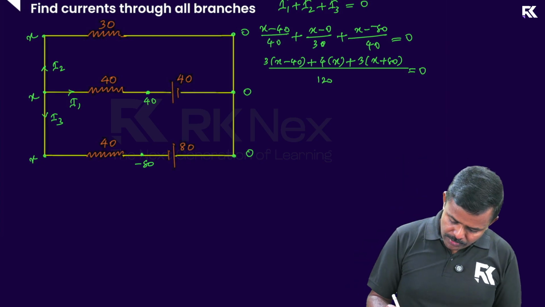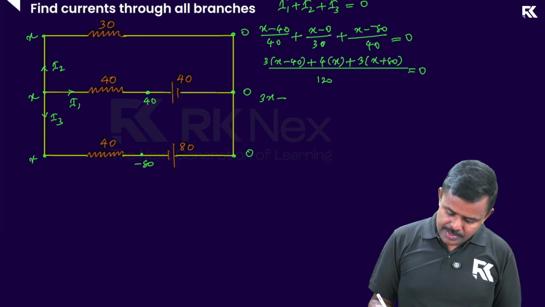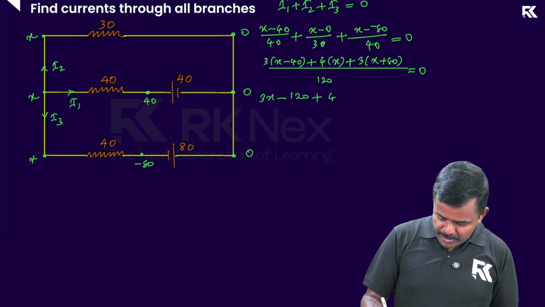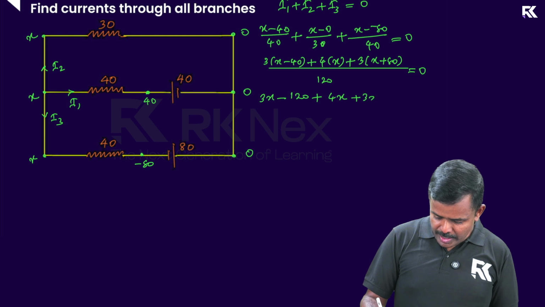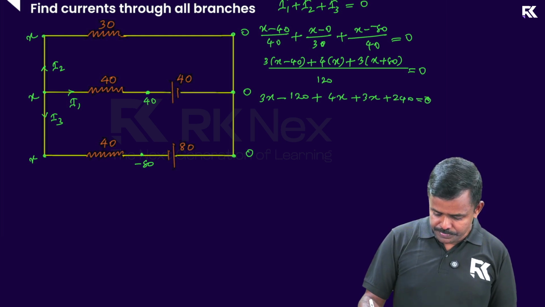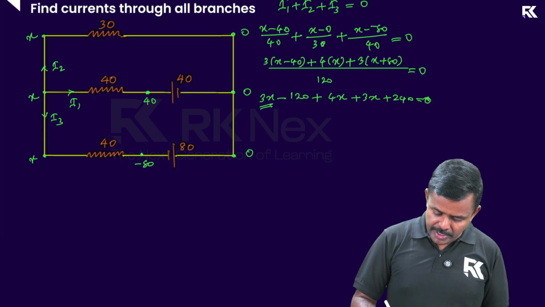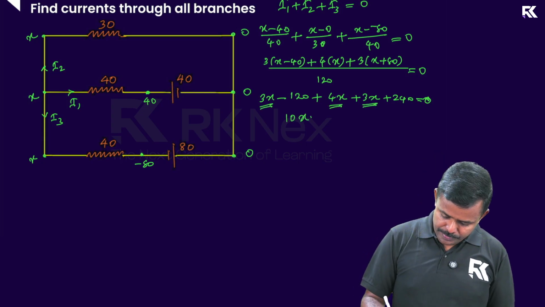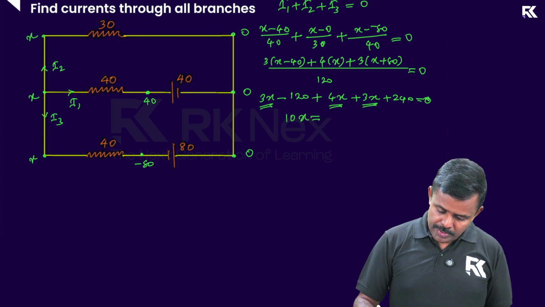So what am I getting now? 3 times X, 3X, minus 3 times 40, 120, plus 4X plus 3X plus 240 is equal to 0. Simplifying further, 3X plus 4X, 7X, plus 3X, 10X. 10X is equal to 240 minus 120.